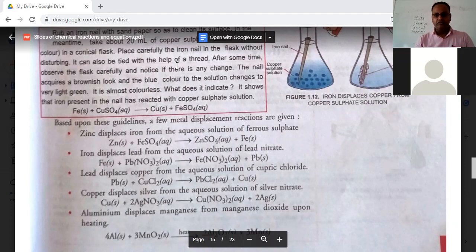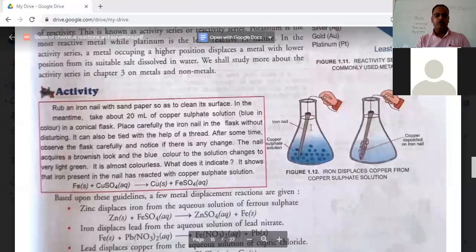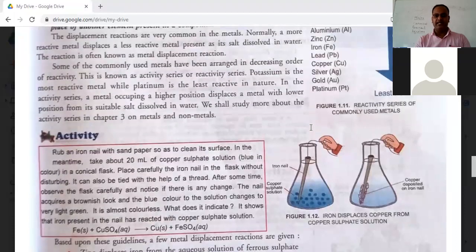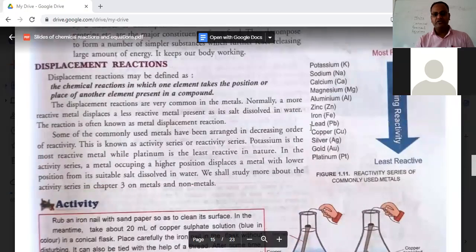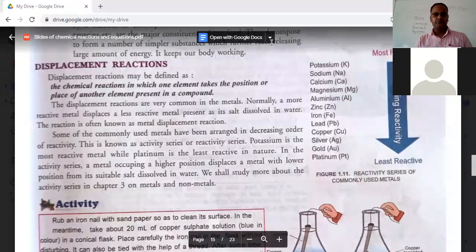Okay students, one more answer you give me. In the reactivity series, if I compare zinc and iron, which one is more reactive, zinc or iron? If you see the reactivity series, yes, correct.